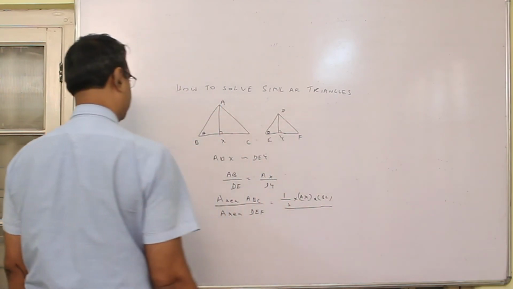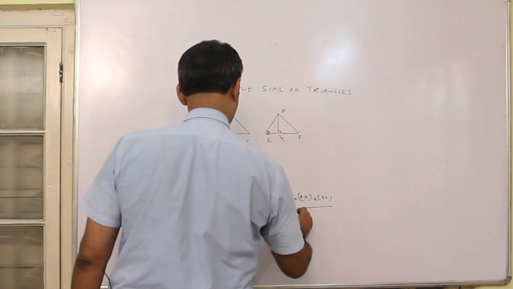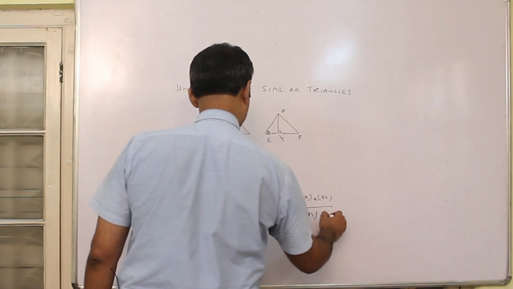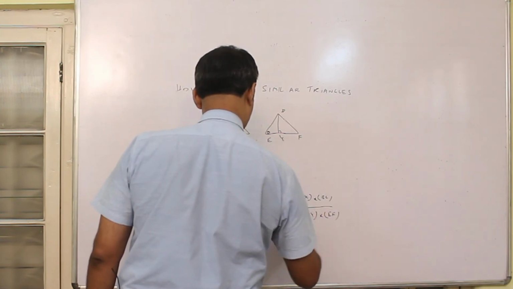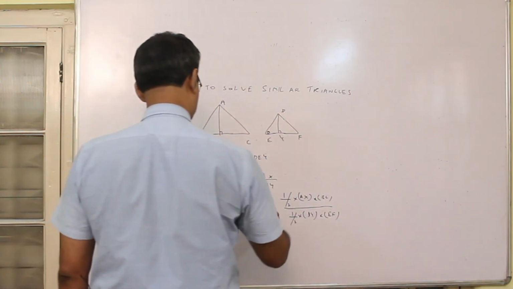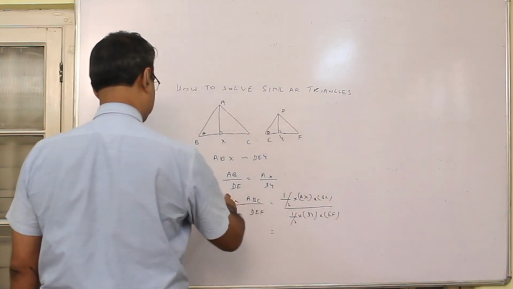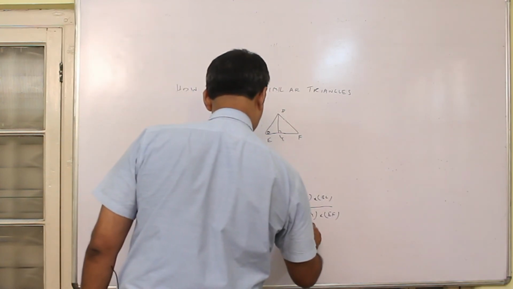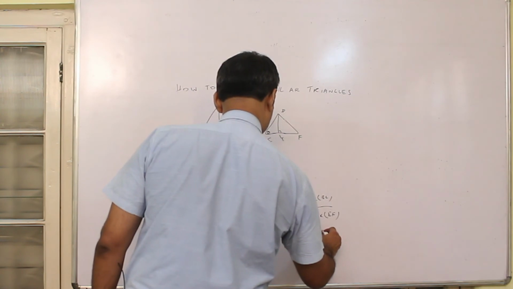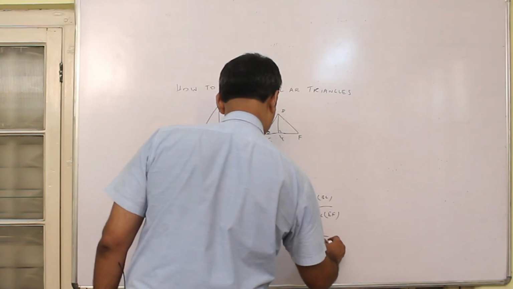So half AX into BC divided by half DY into EF. So you cancel the half, and AX by DY is the same as AB by DE, and this is BC by EF.